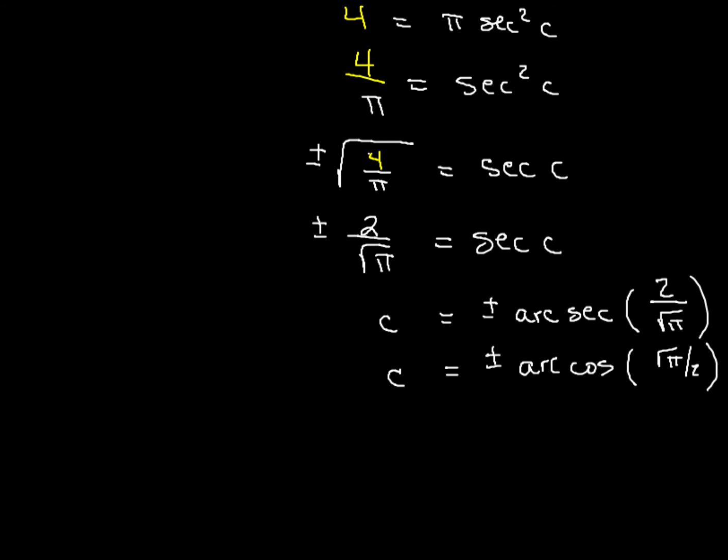You could also rewrite that as c equals plus or minus arc cosine of square root of pi over 2. Remember, you have to flip your angle if you're going to use a reciprocal function of secant, which is cosine. Depending on your graphing calculator, if you have a CAS, you may be able to type in arc secant. If not, you can use arc cosine, but there are two things you have to remember.